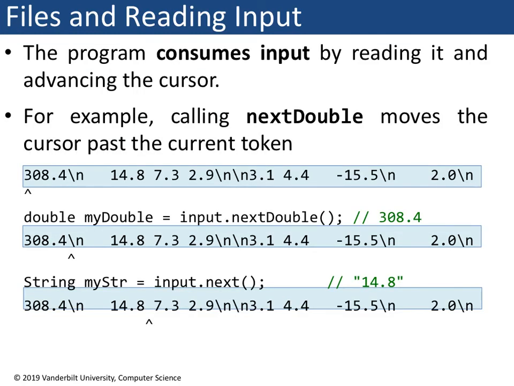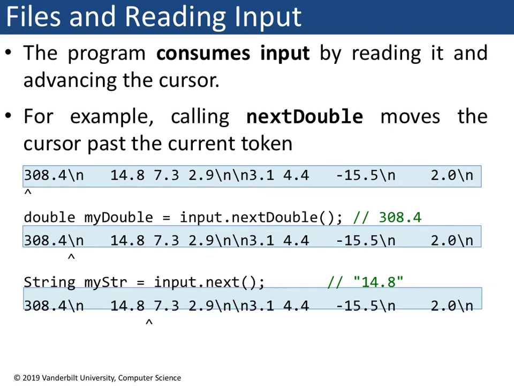When we call methods like nextDouble on the scanner object, we are consuming some of the input stream and advancing the cursor.